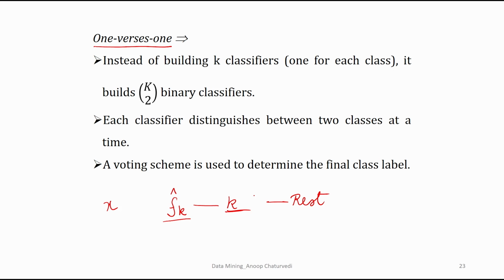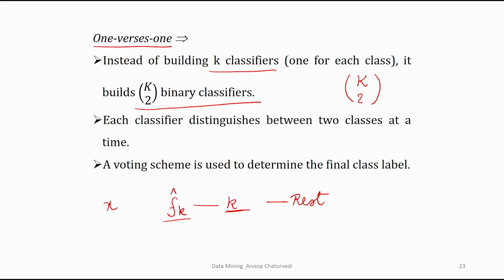Now, in one versus one, instead of building K classifiers, one for each class, it builds KC2 binary classifiers. You have capital K classes, so in all you can form KC2 pairs of classes.